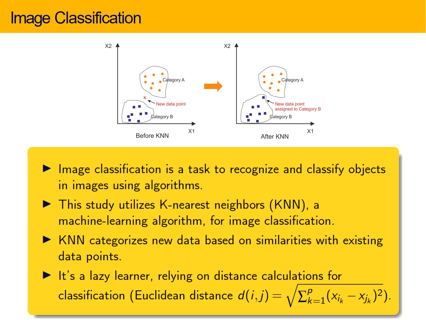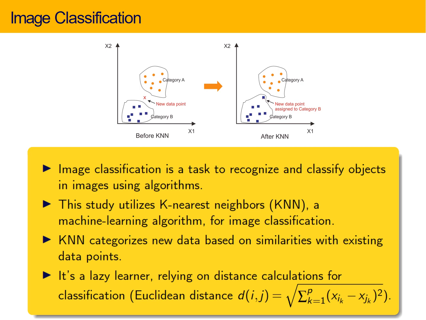In this study, we employ the KNN, or K-nearest neighbors algorithm, for image classification, which is a popular machine learning technique. KNN operates based on the principle of finding similarities between new data points and existing data points in the dataset. It classifies an image by comparing it with its k-nearest neighbors in the feature space.